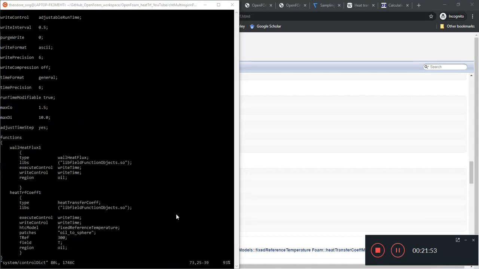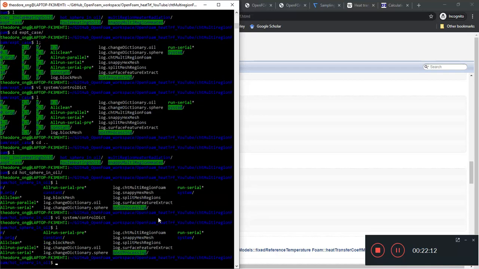So coming back to this, probably the next thing we need to check is the brackets. Take a look at how the library is named here, libfieldFunctionObjects.so. So we can try putting in that syntax and see whether this thing works. Okay, so I'll put oil to sphere there, and let's do chtMultiRegionFoam.